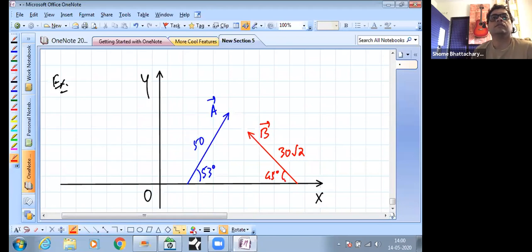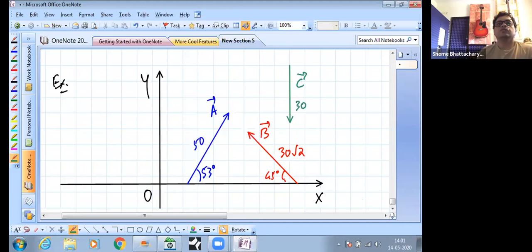And we have a third vector C, which is like this, let's say, which has a magnitude of, let's say, 30.